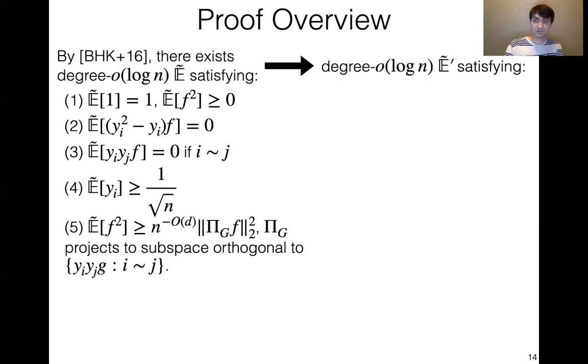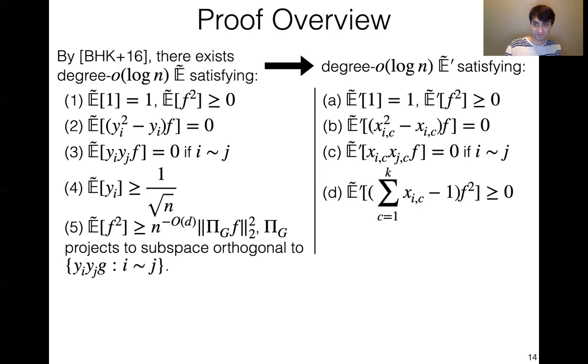And we want to show that this implies that there's a degree little-o of log n pseudo expectation satisfying the following properties, which are the ones from the previous slide. And we're going to add this extra property E, which is that we want the number of colors k to not be too large, and we want it to be about root n. And here I'm just going to suppress polylog factors.